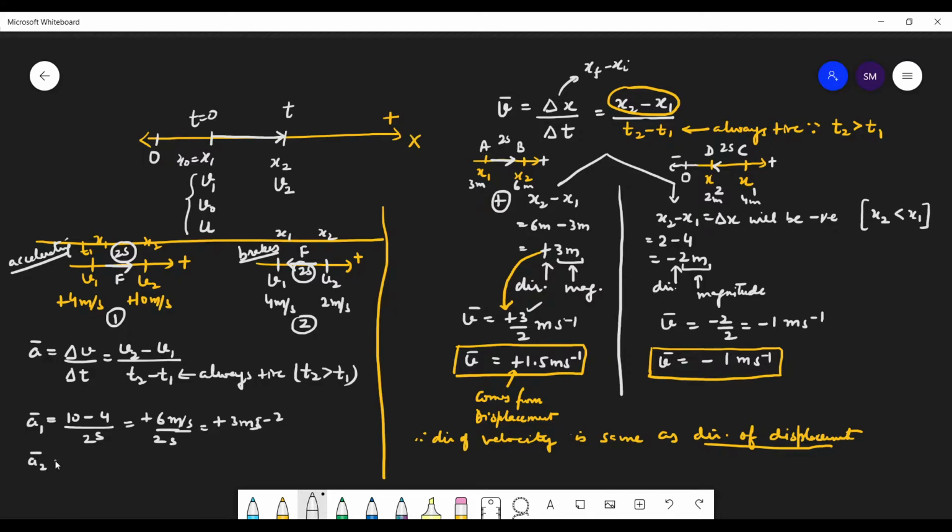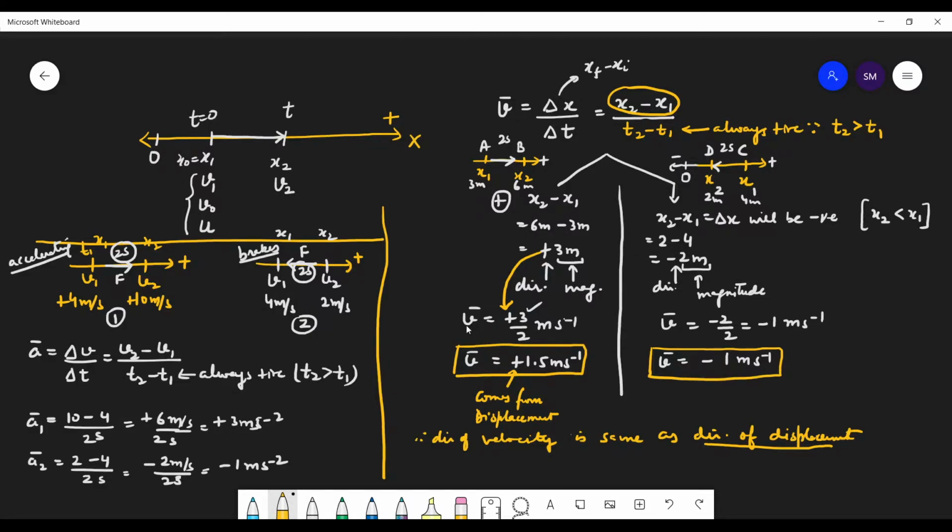What is the average acceleration in the second case? In the second case, it is 2 minus 4. So the final velocity is now lesser. That's the point. Divided by 2 seconds, so that's minus 2 meter per second divided by 2 seconds, and that is equal to minus 1 meter per second square.